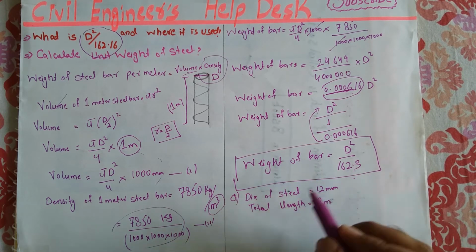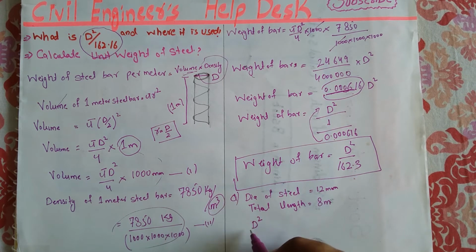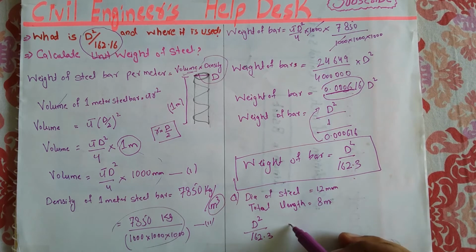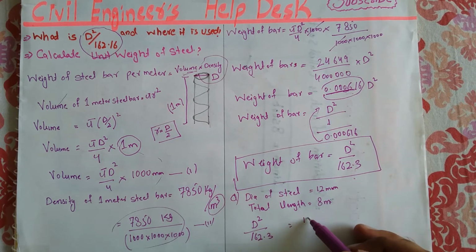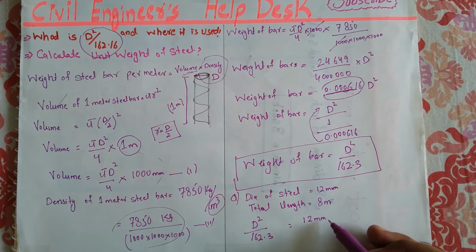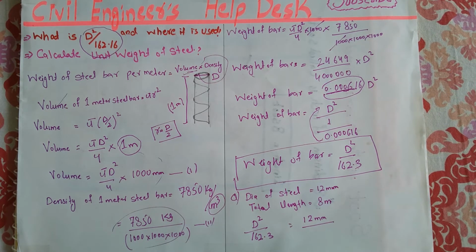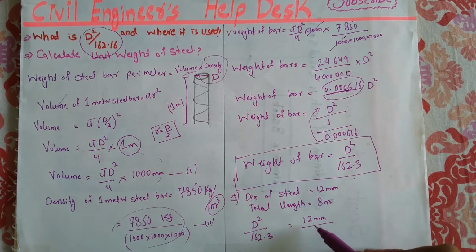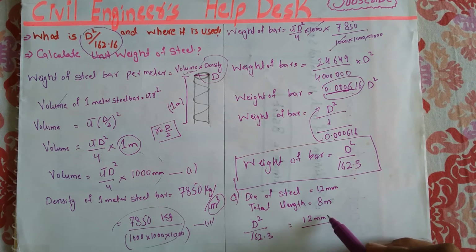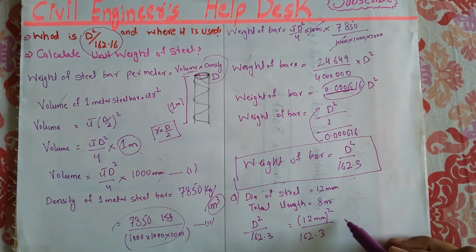First of all, you will use this formula, d square by 162.3. In d you will put the value of diameter, and here is the square, and here we write 162.3.